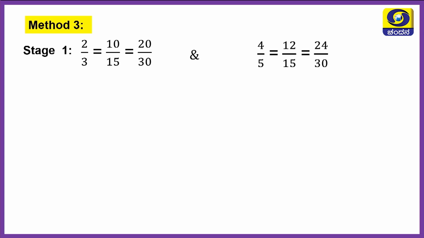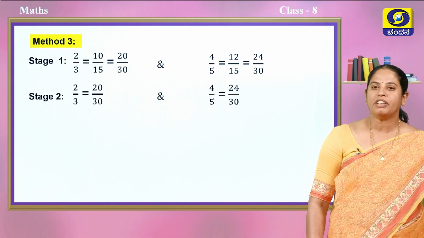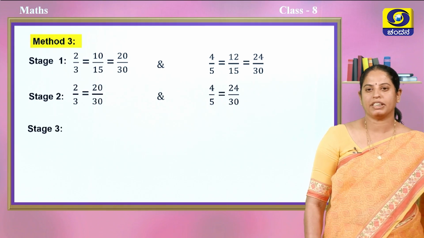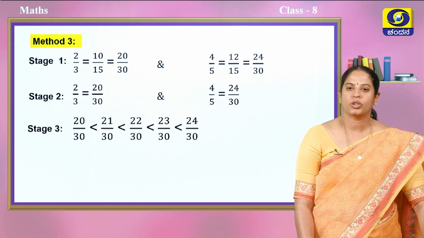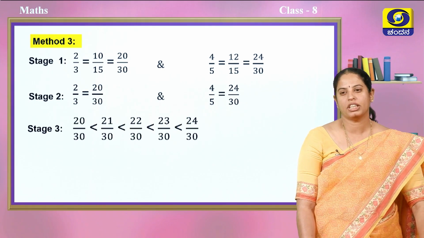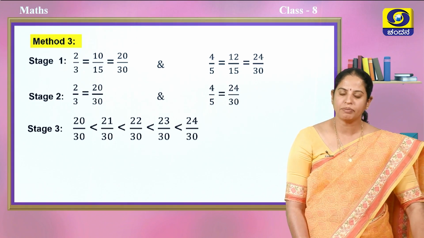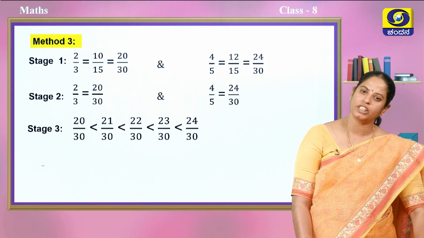If I consider 10 by 15 and 12 by 15, I will get only one rational number, that is 11 by 15, in between 10 by 15 and 12 by 15. For that reason, I am taking one more equivalent fraction, that is 20 by 30 and 24 by 30. Now, between 20 by 30 and 24 by 30, I have so many rational numbers, that is 21 by 30, 22 by 30, 23 by 30.